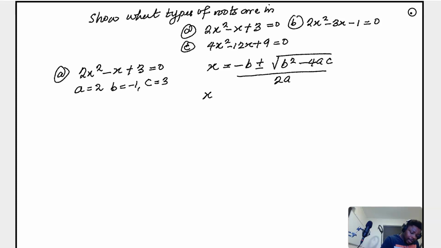Okay? So, x is equal to minus, what is b? Minus 1, plus or minus, b is minus 1 squared, minus 4 times what is a? 2. What is c? 3. All over 2a, and our a is 2.